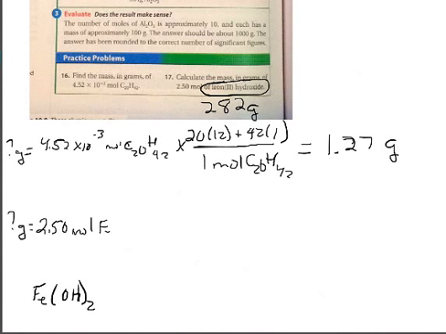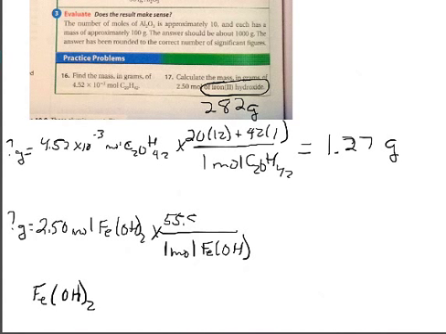So 2.50 moles of Fe(OH)2 times 1 mole of Fe(OH)2. And if I look that up, iron is 55.85, I think. This is a 2 here. Plus 2 times oxygens, 2 oxygens, and there's 2 hydrogens.